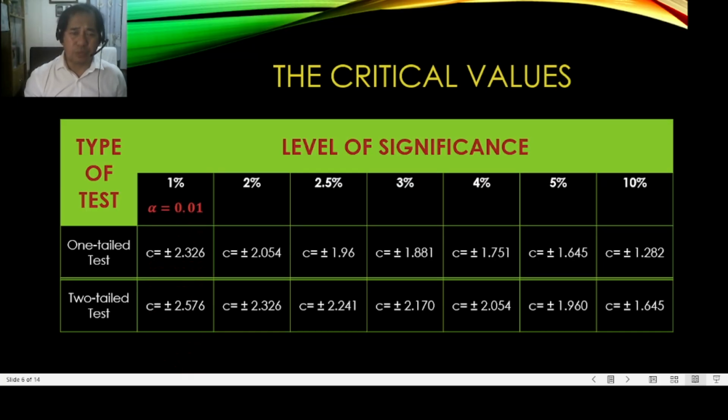So let's say, for example, the level of significance is 1%, or in decimal form, your alpha level is 0.01. Now, its critical value with respect to a one-tailed test is positive or negative 2.326. Okay, so that is the critical value.